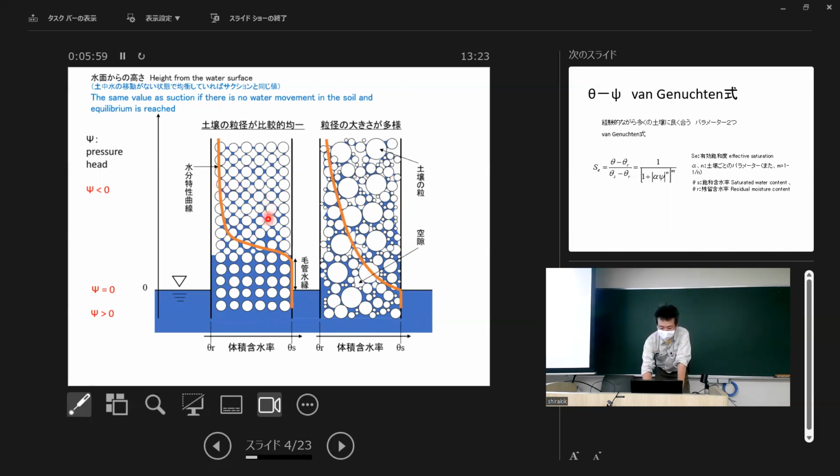And then the water will be taken up by filling the narrower space of the particles. This is a big soil particle, small soil particle, and various soil particles.